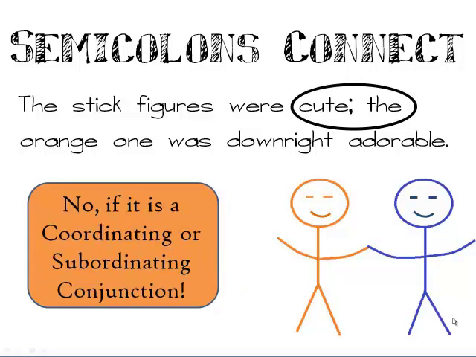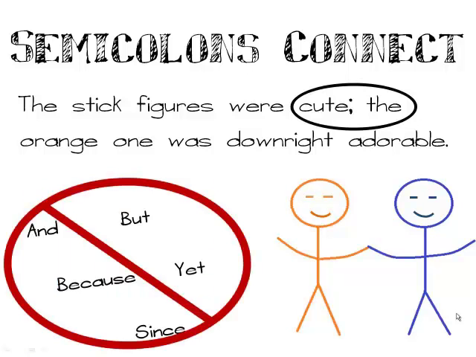So let's first go ahead and talk about those words that you can't use. And these are often called coordinating or subordinating conjunctions. And these are pretty much all of your basic conjunctions. So if you're talking about and, but, because, yet, since, and other conjunctions like these, then the answer is no, you cannot use these with a semicolon.